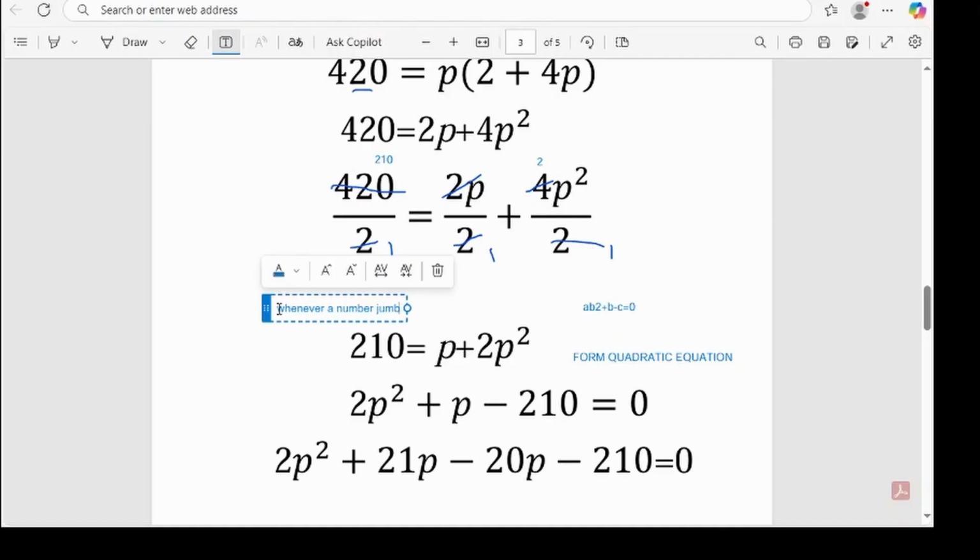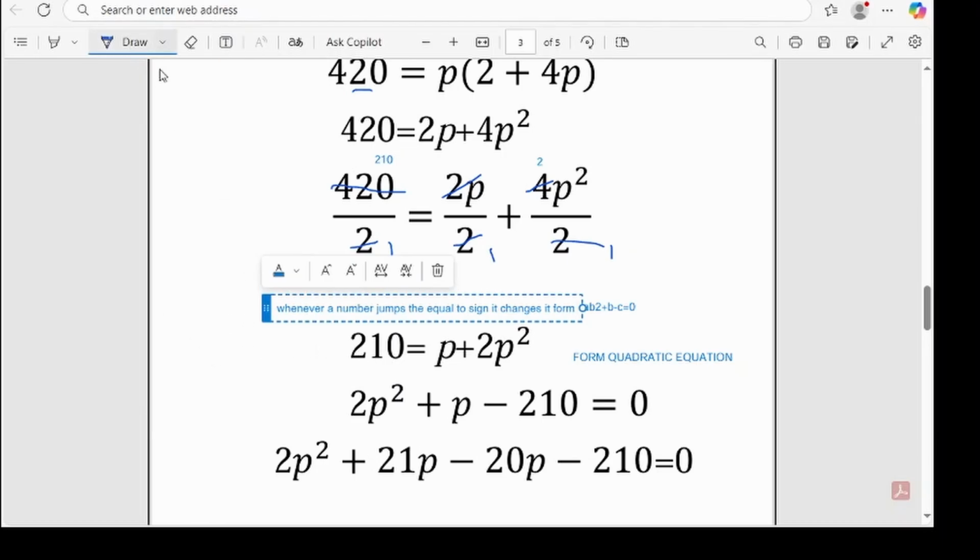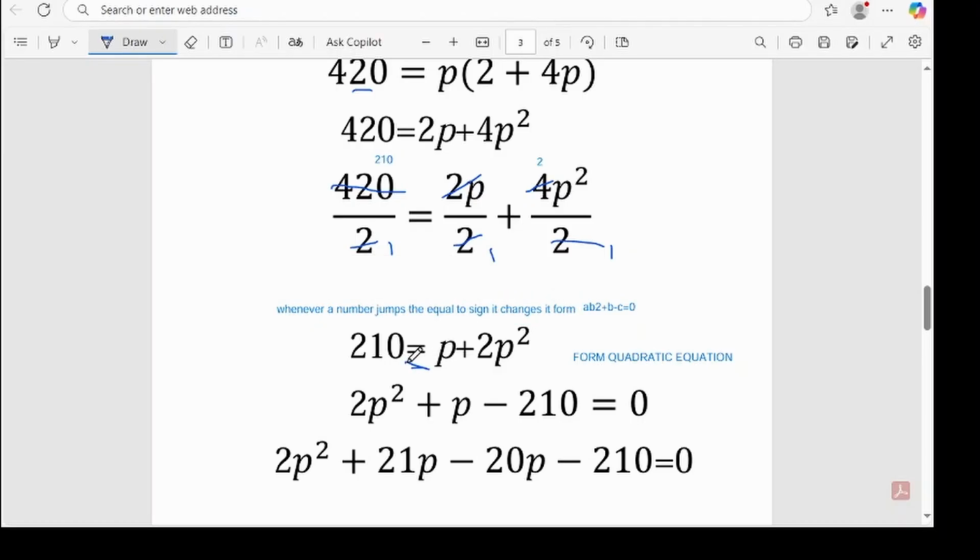If the number is negative, whenever it jumps the equal to sign, it will change its form to become a positive number, and if it's a positive number, it will change its form to become a negative number.